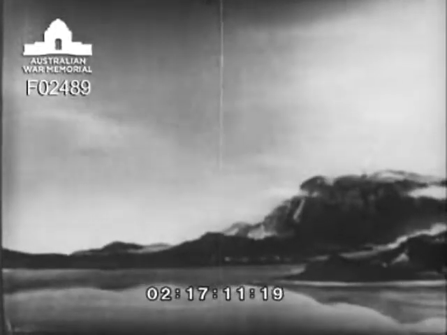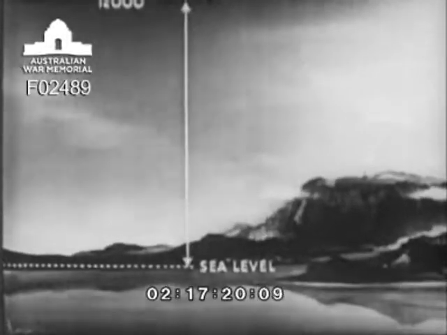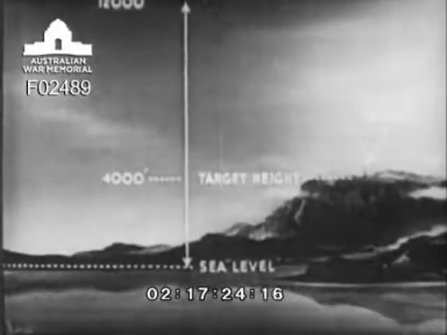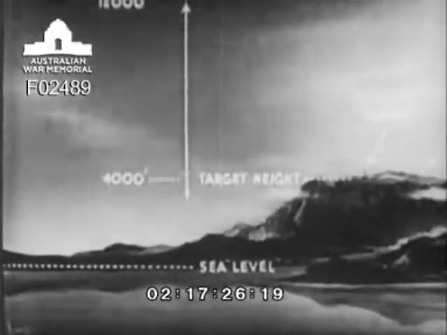What happens is this. First, your correction for barometric pressure adjusts the Bombsight altimeter to indicate your height above sea level. Then, your correction for target height reduces the altimeter reading to give the proper bombing height.